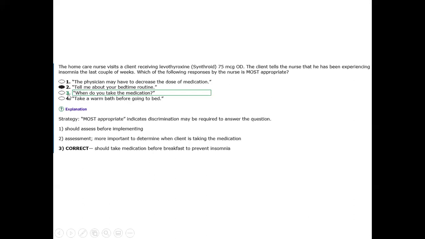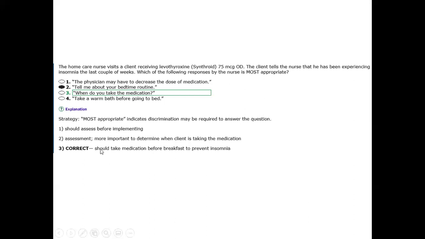So let me read the rest of them. Physician may have decreased the dose. Tell me what your bedtime routine is. And number 4, take a warm bath before going to bed. Out of 4, number 3 is the best option: when do you take the medication?